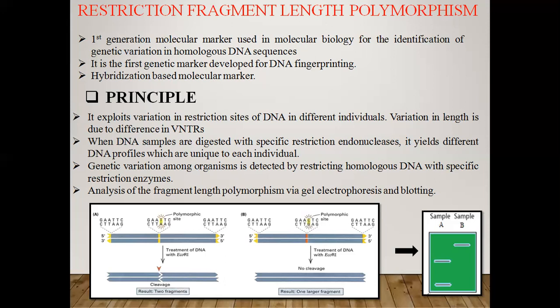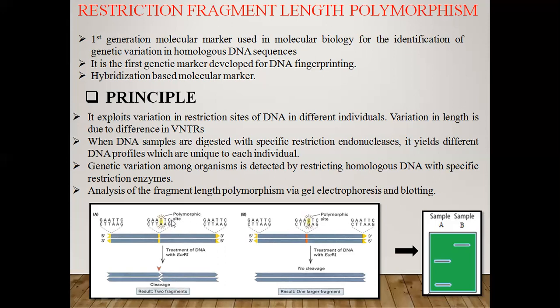The variation in the length is due to the difference in the VNTR, the variable number of tandem repeats, when DNA samples are digested with specific restriction endonucleases like EcoRI. As here is a picture, you can see there is a sample A and sample B, digested with EcoRI, whose site is GAATTC.